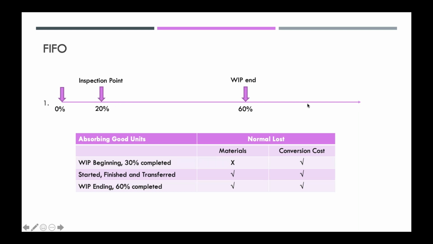So therefore, kung siya ay lumampas hanggang dulo, nalampasan niya inspection point, meron siyang share doon sa conversion cost ng normal loss. So the conversion cost for the normal loss will be absorbed by the work in process beginning, started, and work in process end.